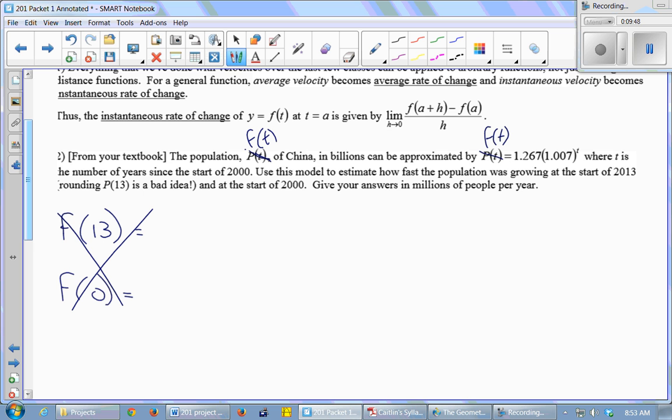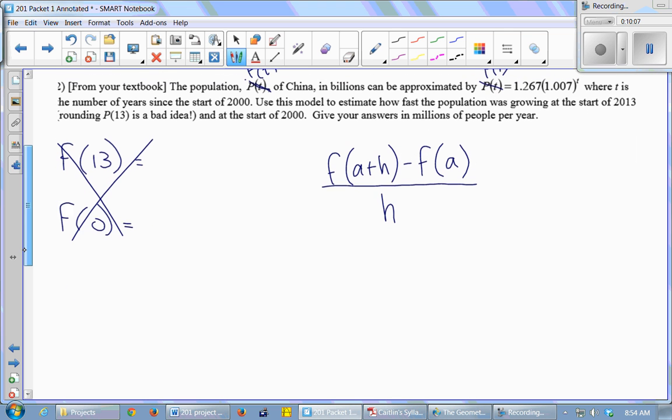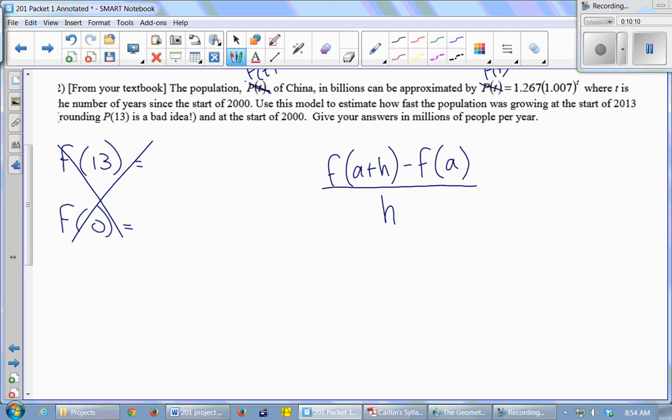So I'm going to use this definition for instantaneous rate of change. Average rate of change is a good estimate for instantaneous, but I'm just going to take h to be really small. What am I going to use for a? 13 and 0.